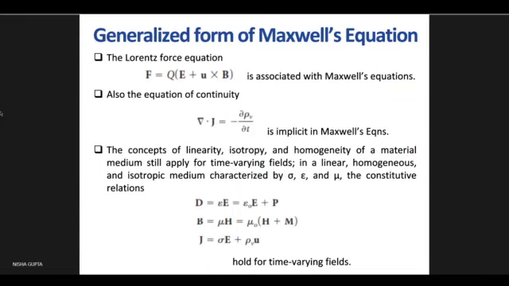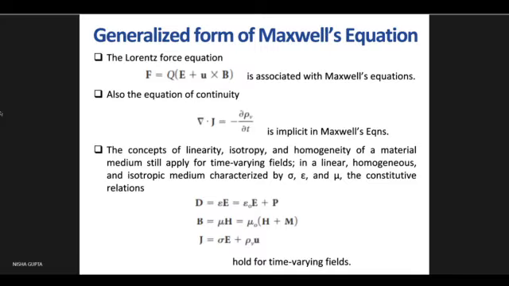Now, going further, there are two more equations associated with Maxwell's equations, and we need to know them. One is the Lorentz force equation, where F is the force on a charge q when the charge is moving with a velocity u.